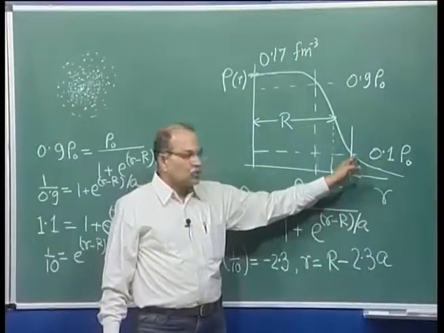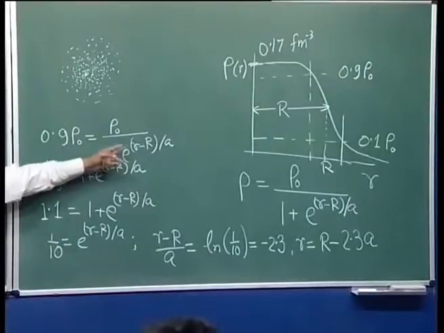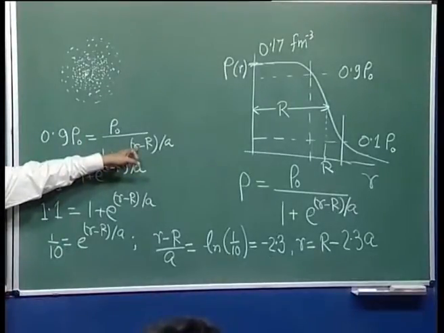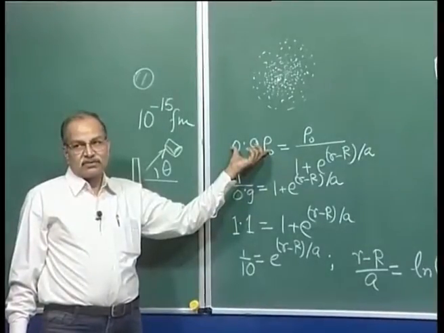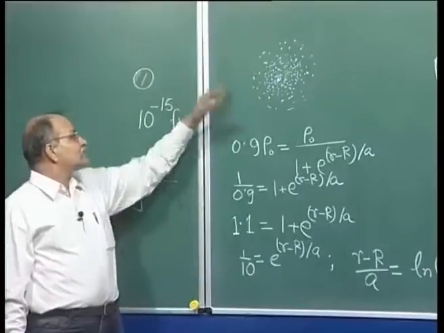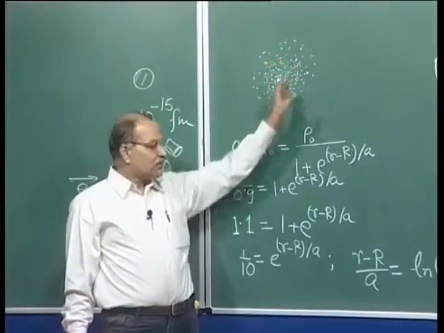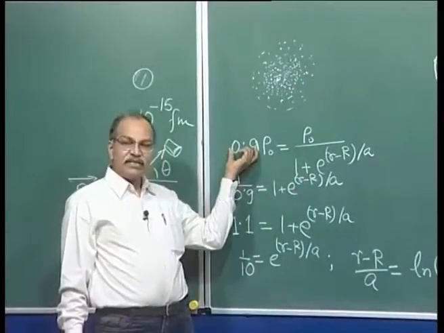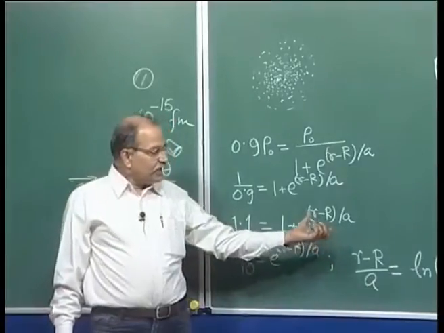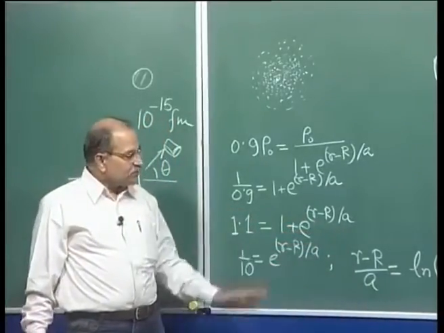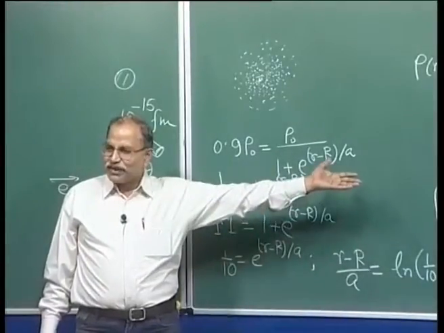Similarly, where it goes to 0.1. Now you can do this calculation: at what value of small r does rho become 0.1 times rho naught, the distance where this density falls to 10% of the core value. Put 0.1 here and do the similar calculation, and you will find that roughly it is capital R plus a similar value, 2.2 A or so.